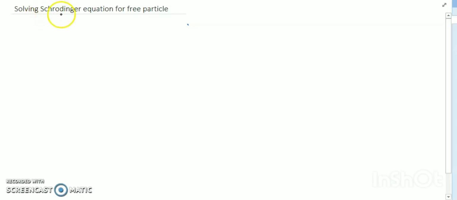Today's discussion is solving the Schrodinger equation for free particles. So friends, what is the meaning of free particles? This meaning I have to know.